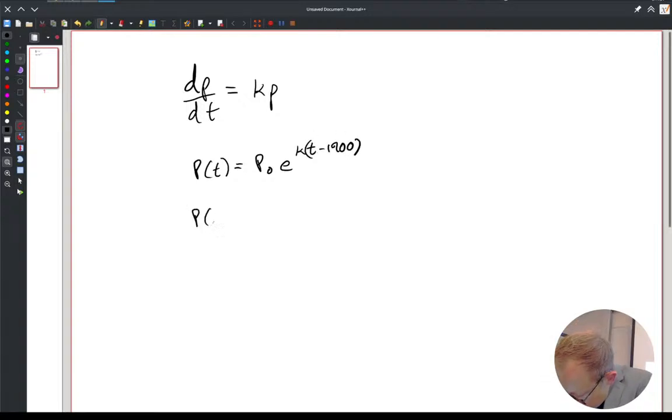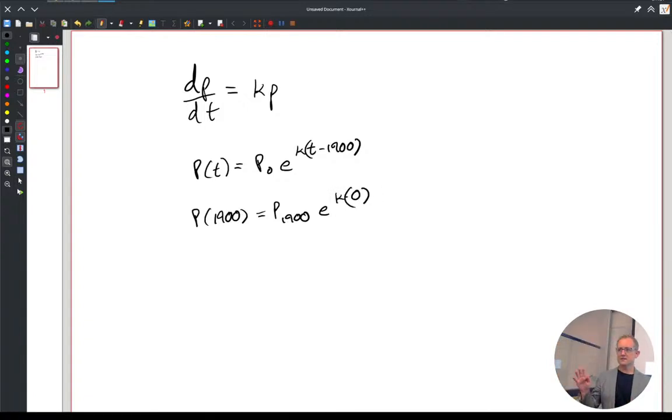That way, P of 1900 is P at 1900 times e to the k times 0. And just, again, so I can use the actual values that I have. So this is my analytical equation.